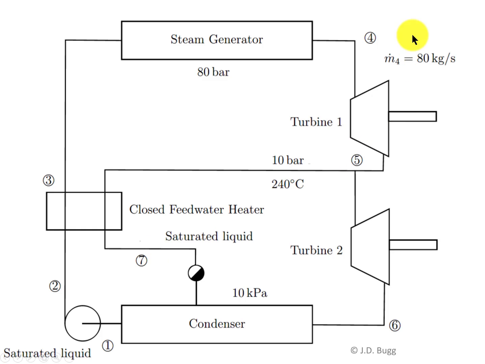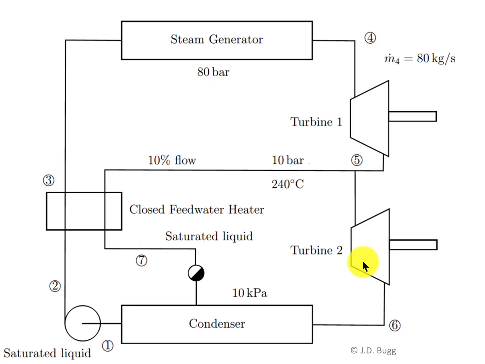We're told that the mass flow rate is 80 kilograms per second coming out of the steam generator, and that 10% of that 80 is extracted. So the flow rate in this line is 8 kilograms per second. Therefore, the flow rate in this line and through turbine 2 is 72 kilograms per second.